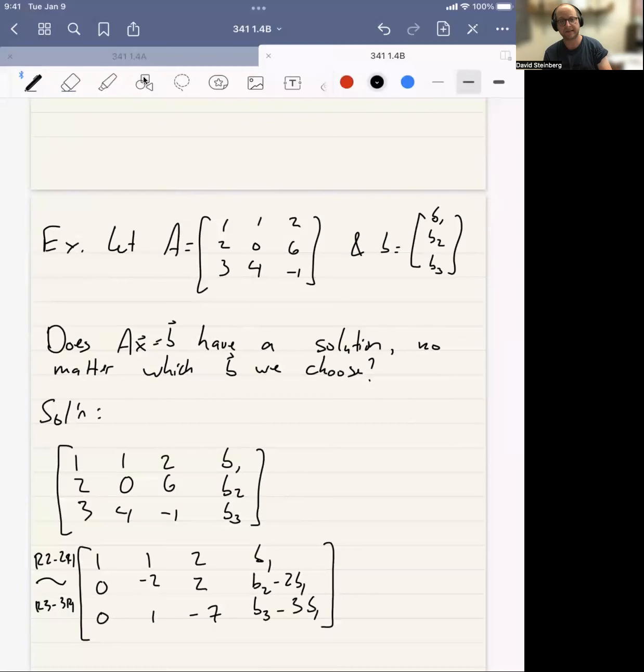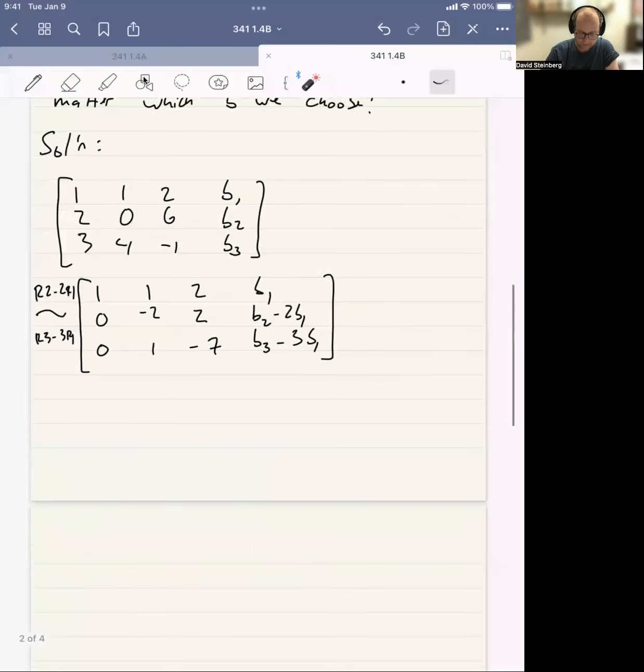The question is still, is there a value for this vector x that makes this true? We're still trying to figure out if the system is consistent or not. That's really the only question we're asking.